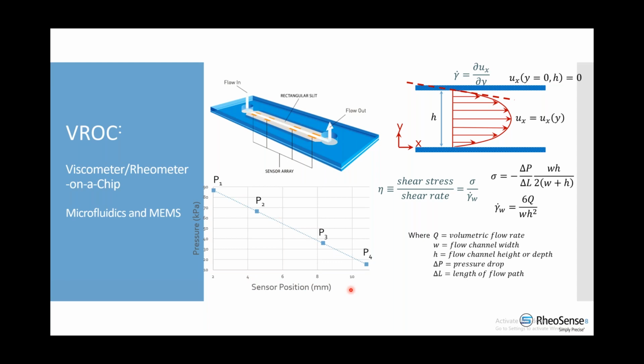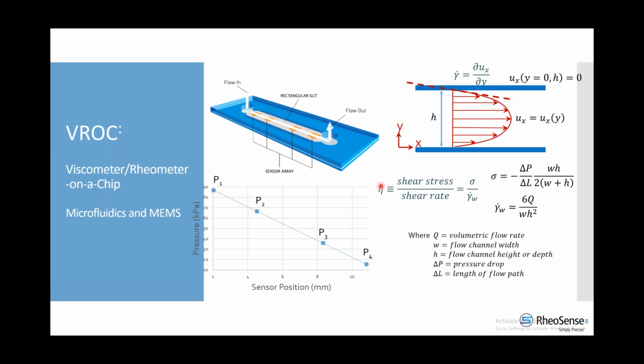Since we have a well-defined geometry and we know the widths and depths of the channel, we can calculate shear rate from the flow rate and the dimensions of the channel. And knowing the dimensions of the channel and pressure drop, we can then calculate shear stress. And finally, shear stress divided by shear rate gives you viscosity. This is how we calculate viscosity. So we can control shear rate, measure shear stress, and then calculate viscosity.